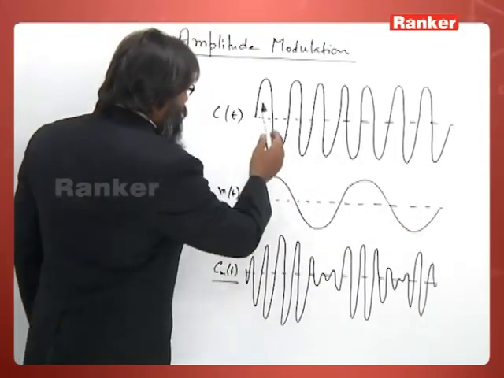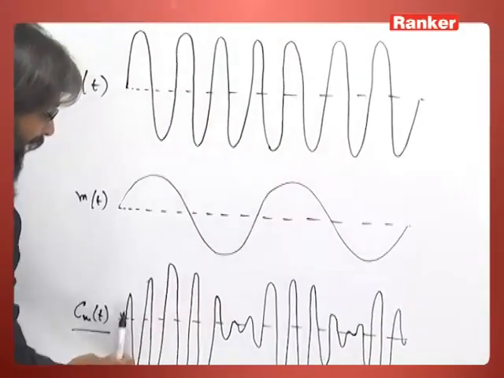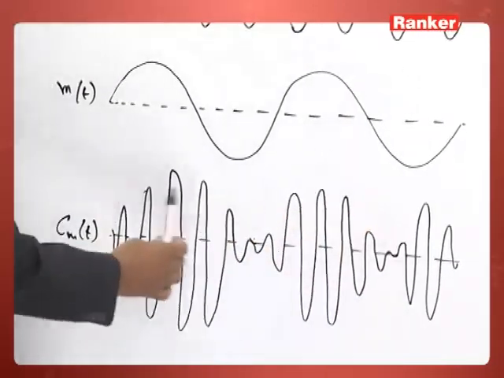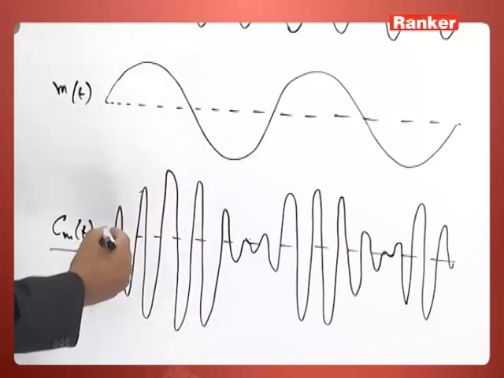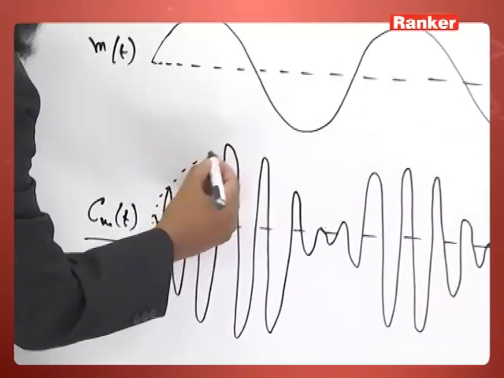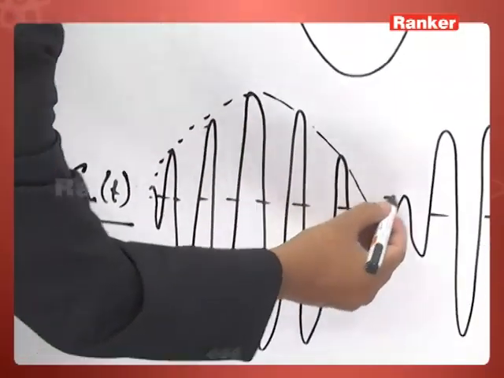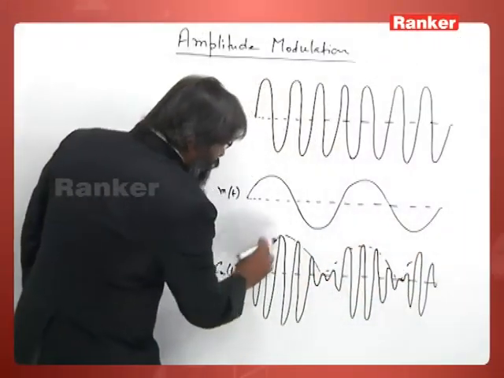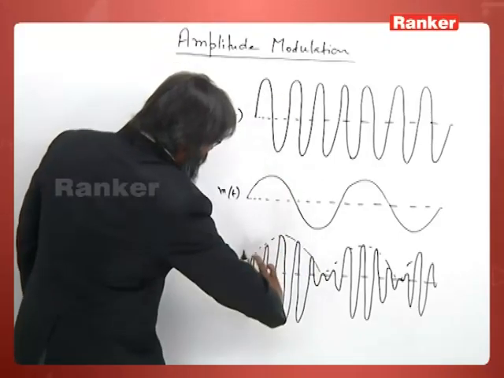You see here this carrier wave, and I have tried to draw the same frequency. The envelope, that is the amplitude of this carrier wave, gets modified.